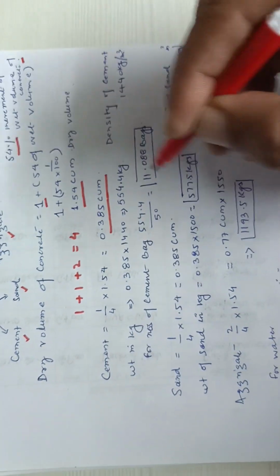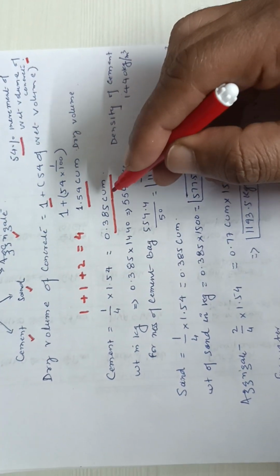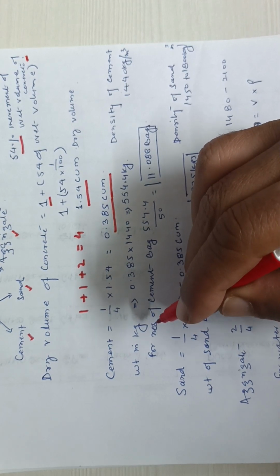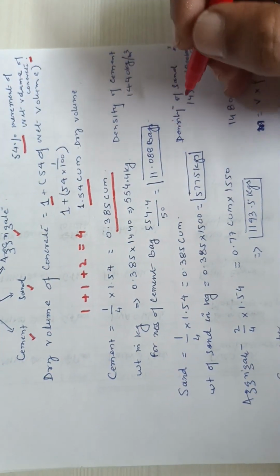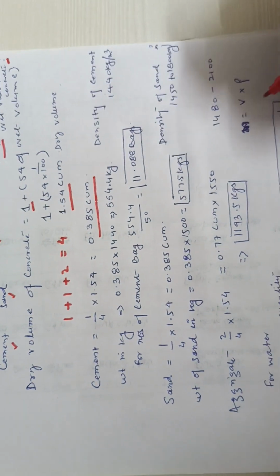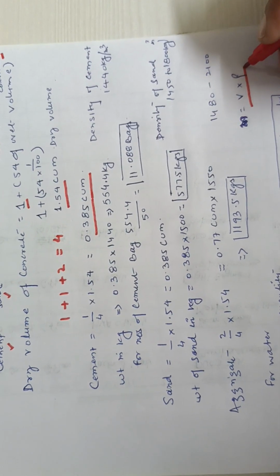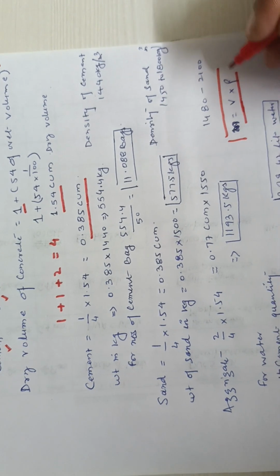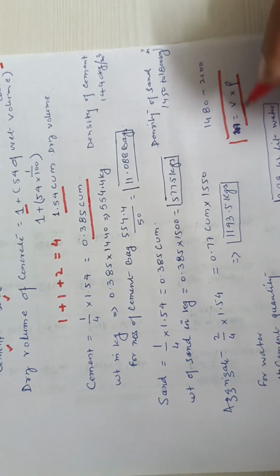0.385 cubic meter. This is the cement. Now you want the weight in kg. The formula is mass equals volume into density. Just memorize it: mass equals volume into density.